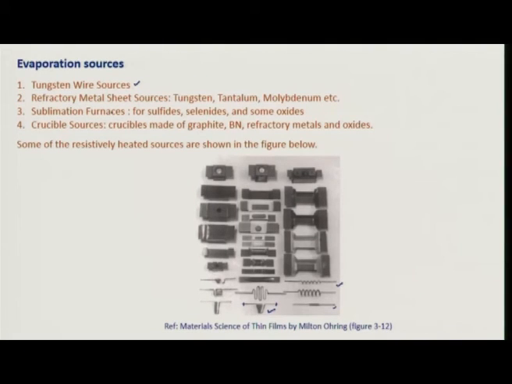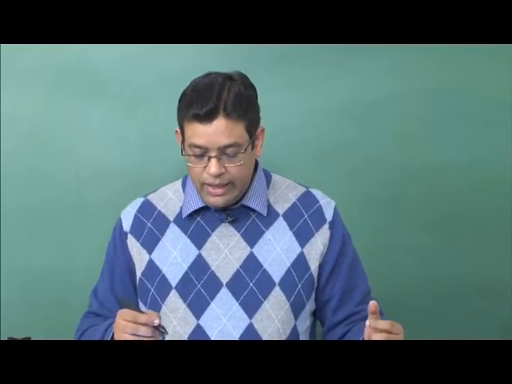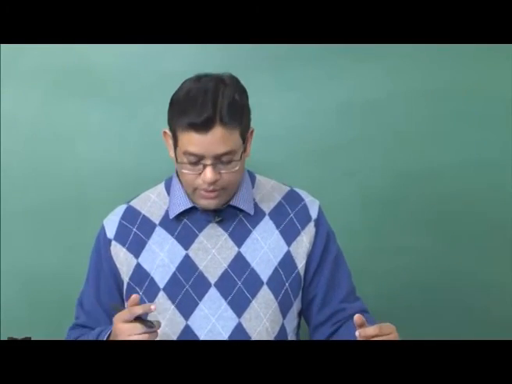You can also have refractory metal sheet sources, which are called boats, where you clamp these two in your thermal evaporator, pass a current through this, and the source material kept in these melts. The source material is kept here in these boats, sometimes with small openings, sometimes large, and different types of boats can be utilized. You can also use crucible sources, graphite crucible or tungsten crucible, and heat using heating elements.